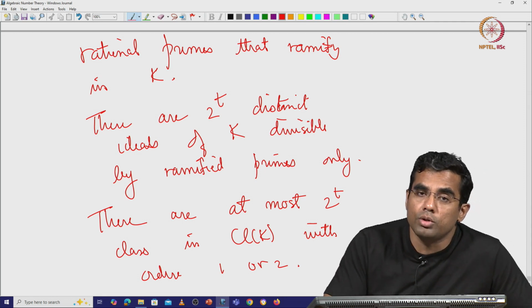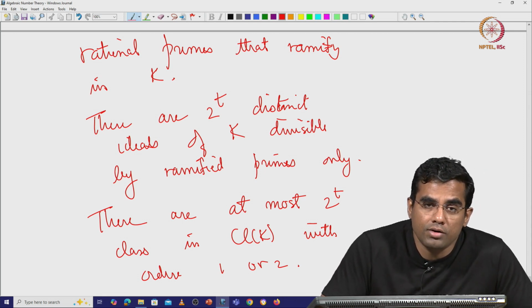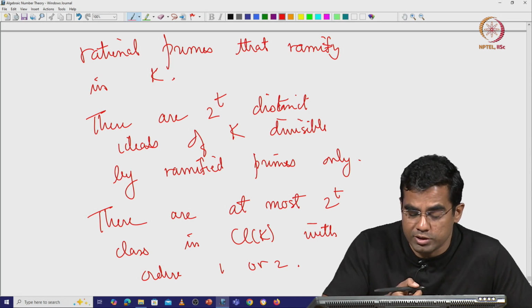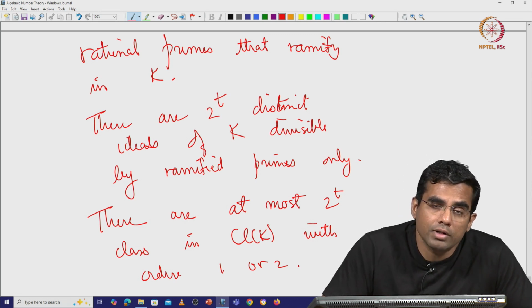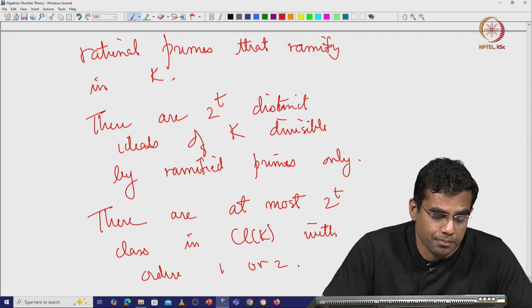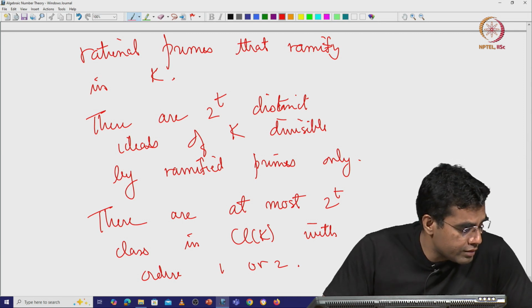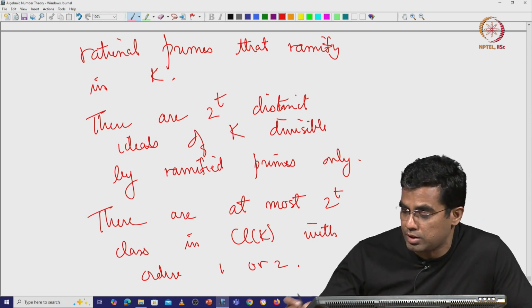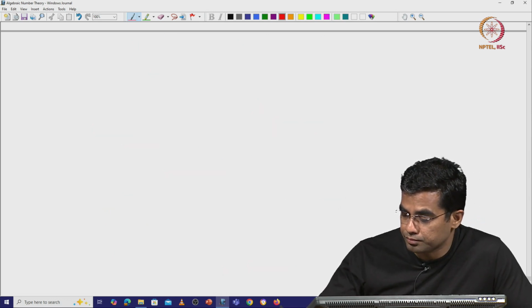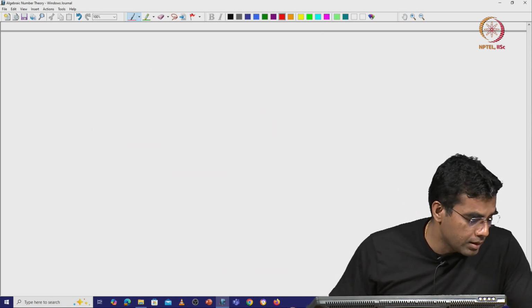If you do not include any prime, if you take the trivial ideal which is one of these 2 to the t possibilities, then of course it will have order 1, right. But there could be other things which have order 1 as well, and so we have to find out exactly how many have order 1. Okay. All right.